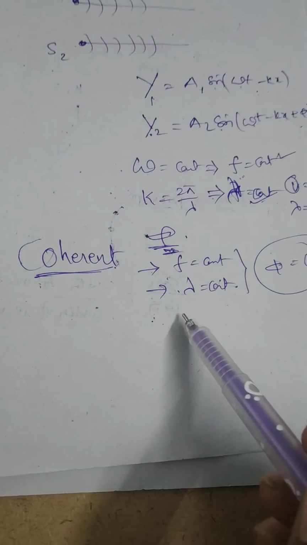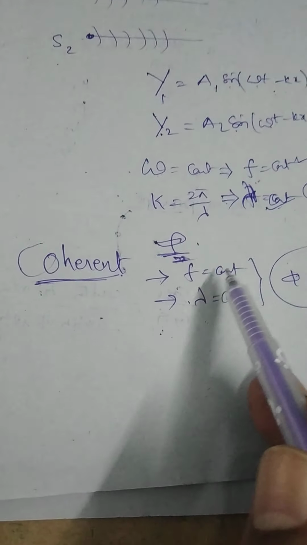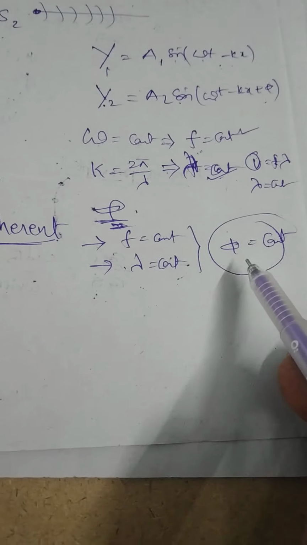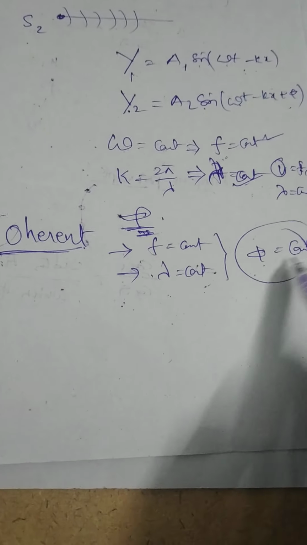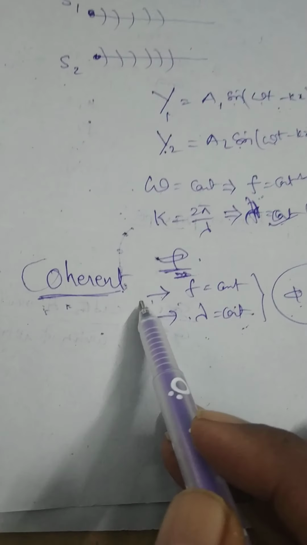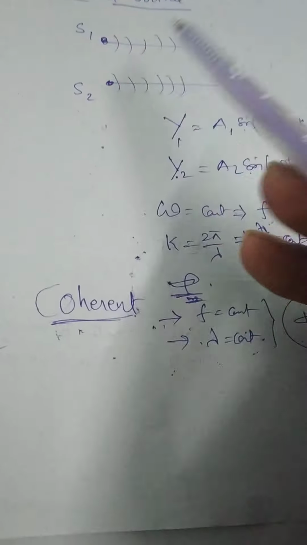If any two light waves having the same frequency and wavelength also maintain a constant phase difference or zero phase difference, then the two waves are said to be coherent light waves, and the two sources are known as coherent light sources.